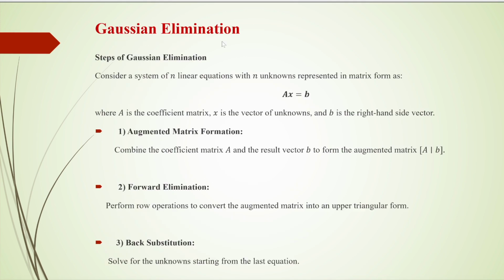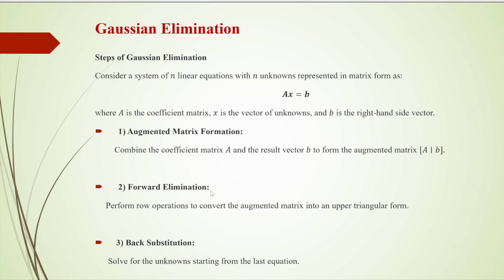Next, Gauss elimination. Steps of Gauss elimination. Let us consider n linear equations with n unknowns represented in matrix form as Ax equal to b, where A is the coefficient matrix, x is the vector of unknowns and b is the right-hand side vector. First we find the augmented matrix. Combine the coefficient matrix A and result vector b to form the augmented matrix [A|b].